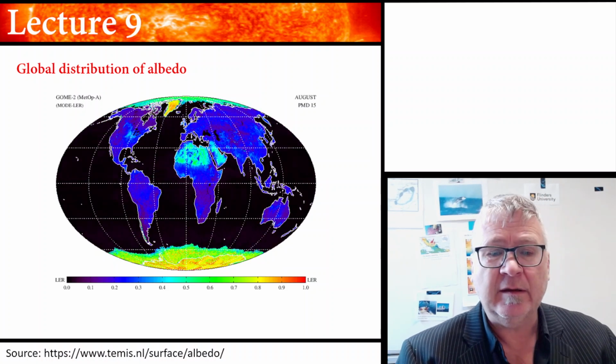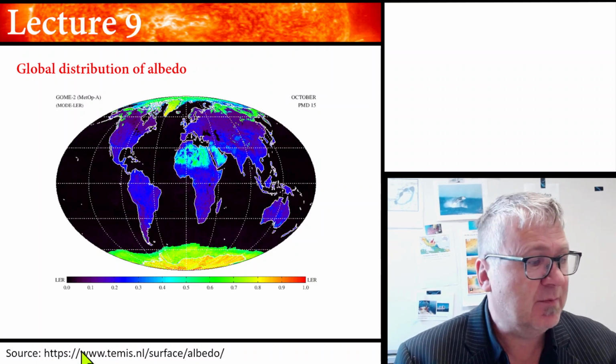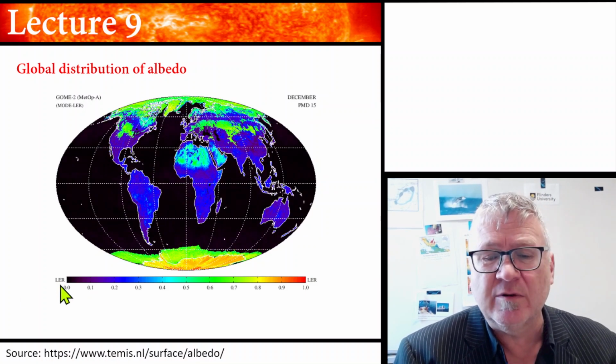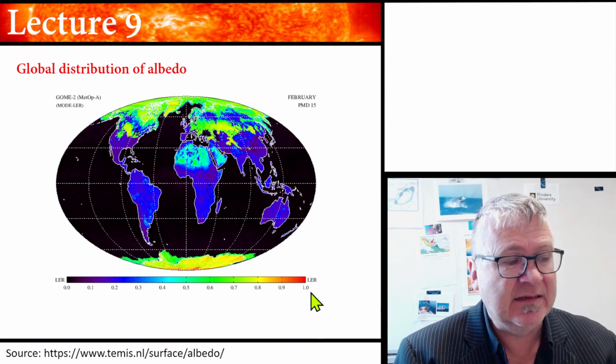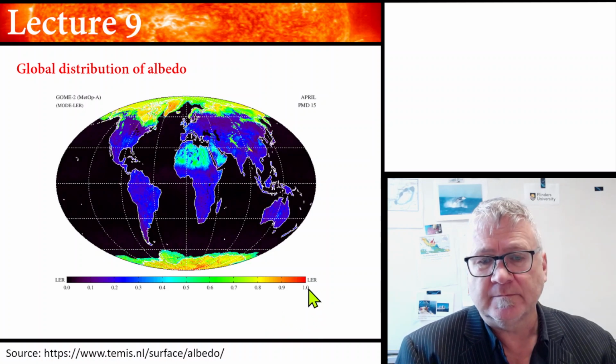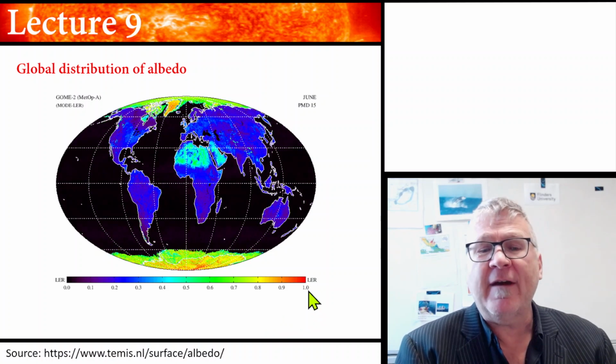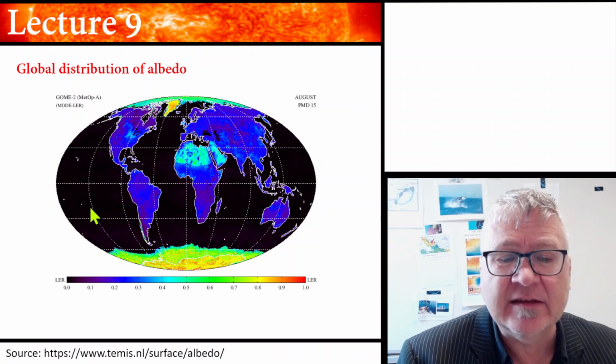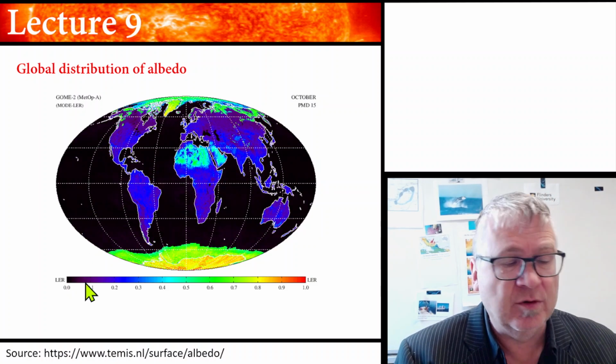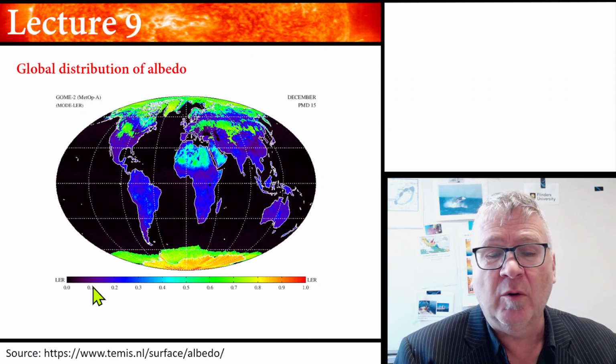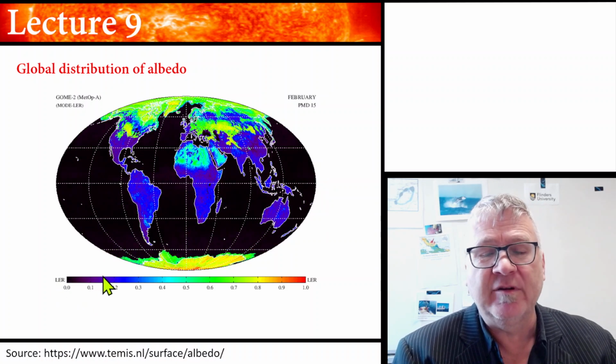The range here in colors is between black, which is 0, and red, which is 1. The fact that the ocean is all dark here doesn't mean that it's 0. All the range between 0 and almost 0.1 is actually very dark.